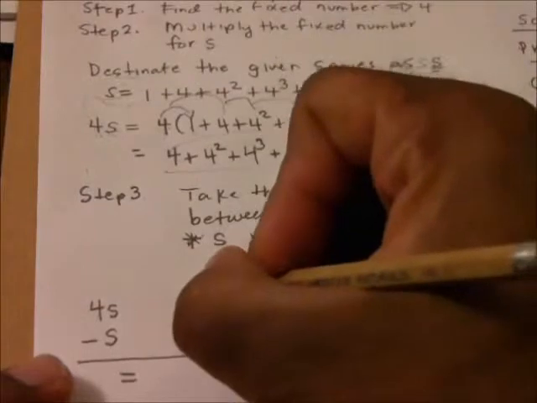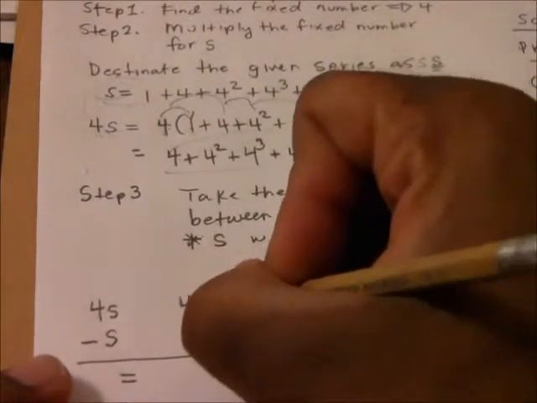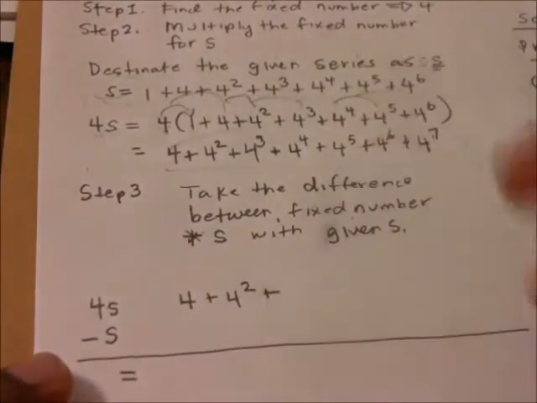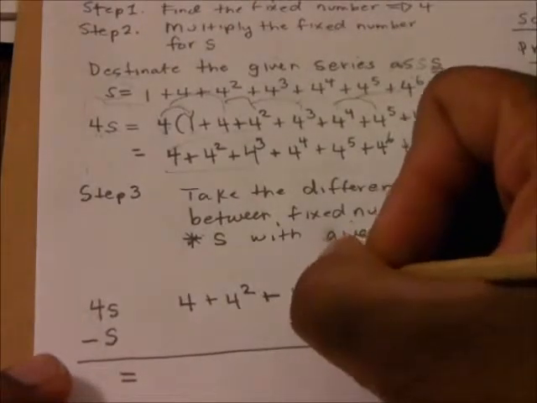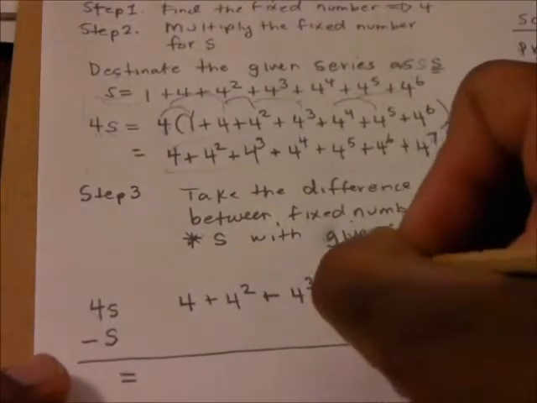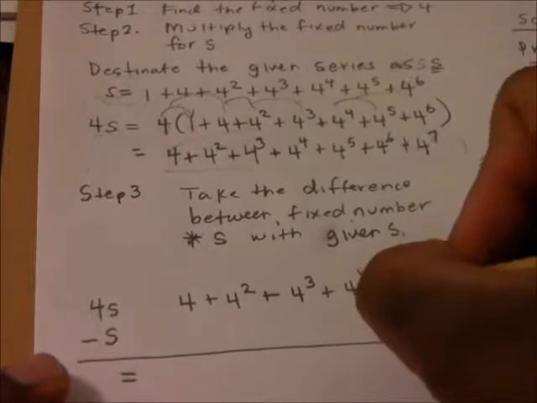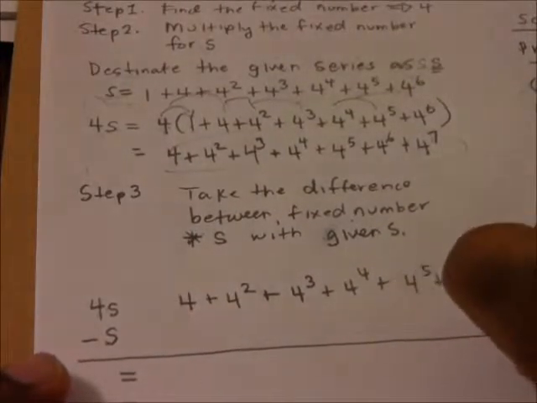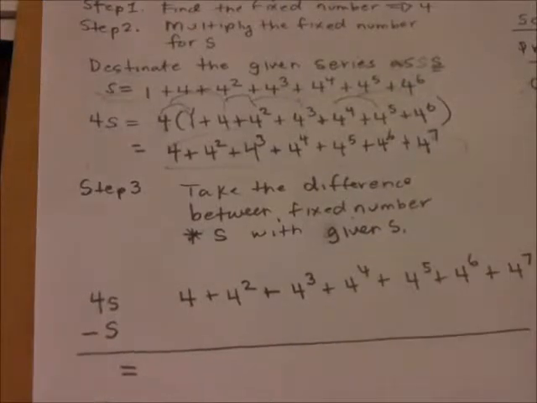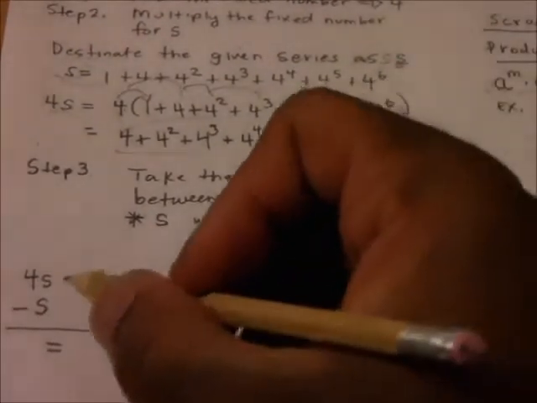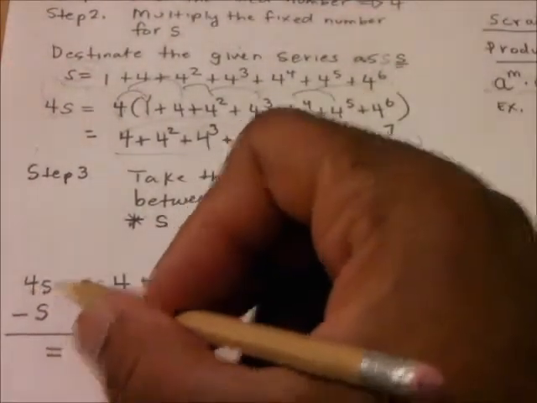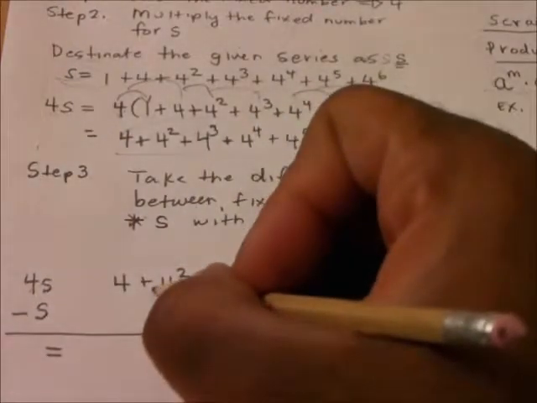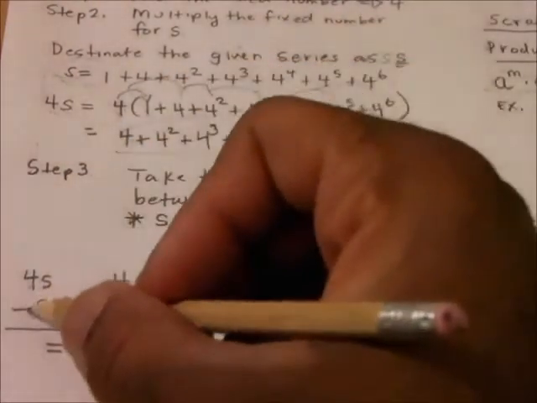4 plus 4 squared plus 4 to the third plus 4 to the fourth plus 4 to the fifth plus 4 to the sixth plus 4 to the seventh. So that represents 4 times S. Then we're going to take minus.